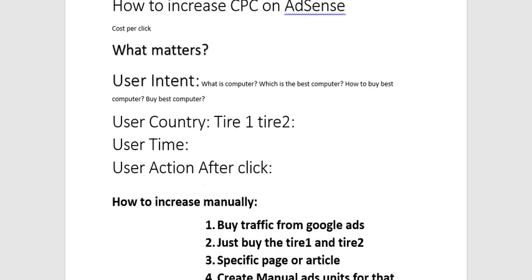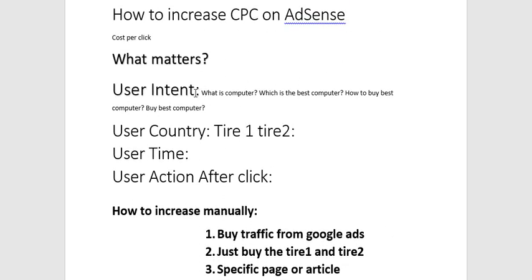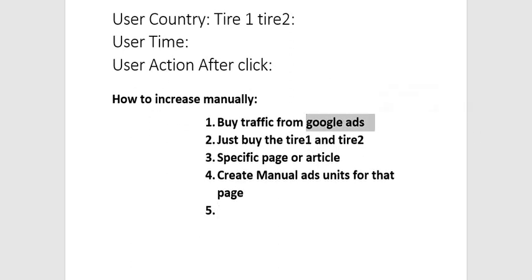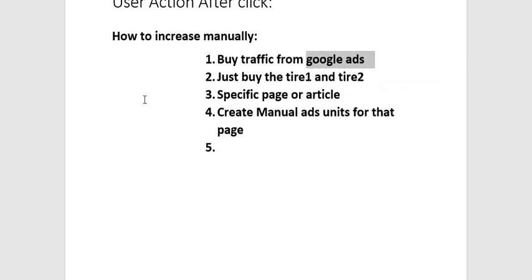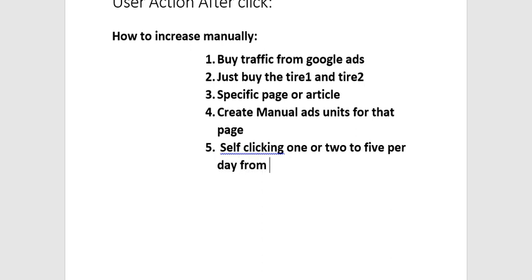And after that, when you are buying users from Google Ads, you are promoting your website, buying traffic from tier 1 and 2 countries, buying per specific page for a specific article, and you have manual ad units, then you can do self-clicking, 2 to 5 clicks per day from a VPN.